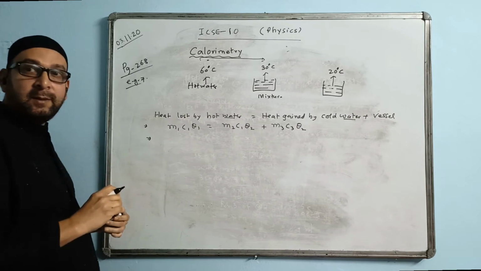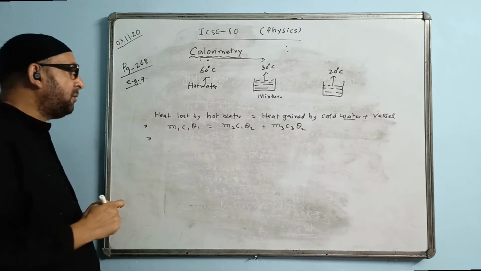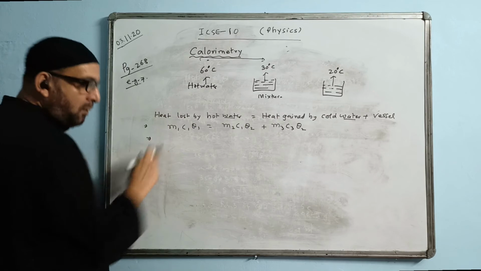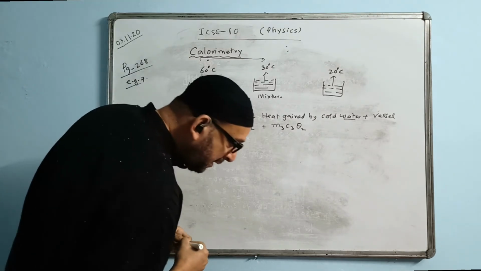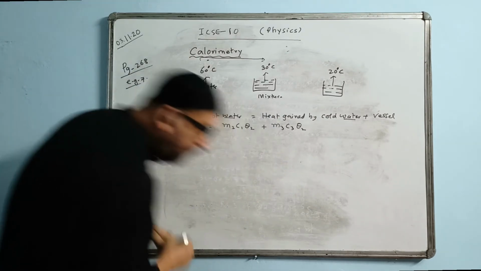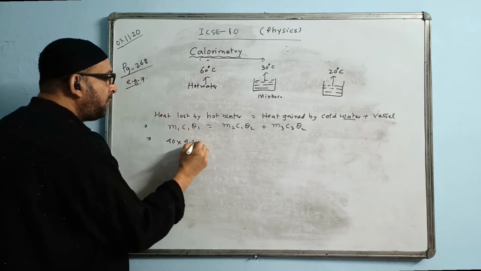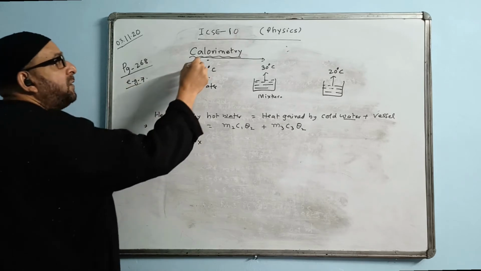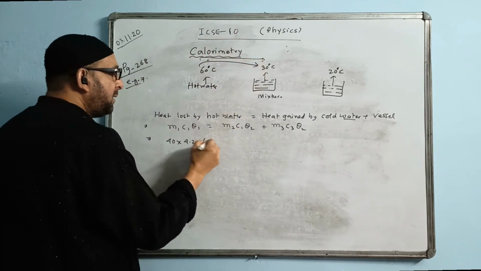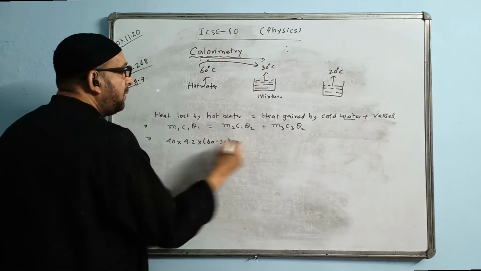Something will be unknown, and we are finding the value of that particular thing only. What is the mass of the hot water given in the question? 40 gram. So write 40, c1 is given as 4.2, and theta 1 is the temperature difference, 60 minus 30.